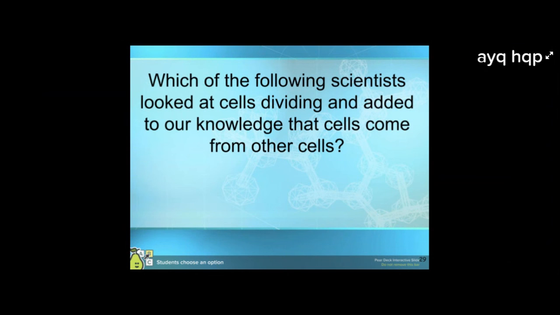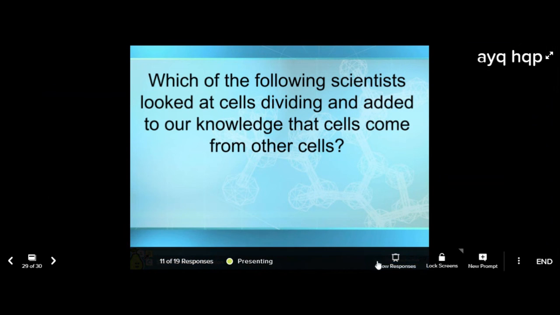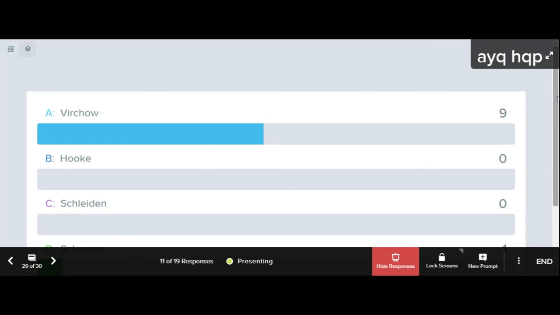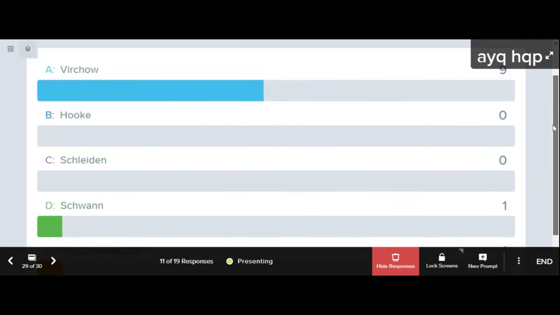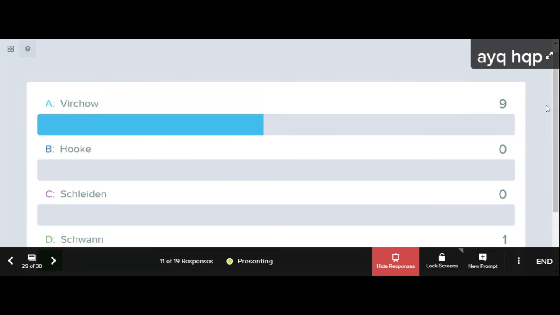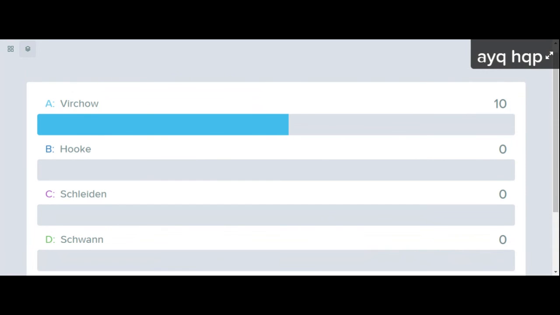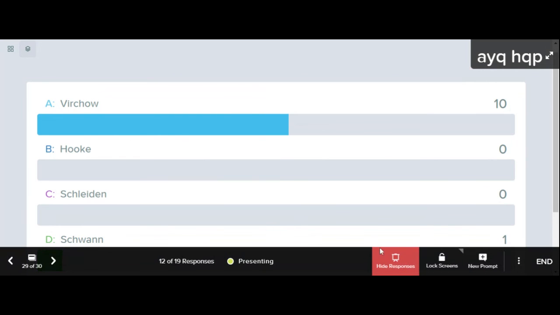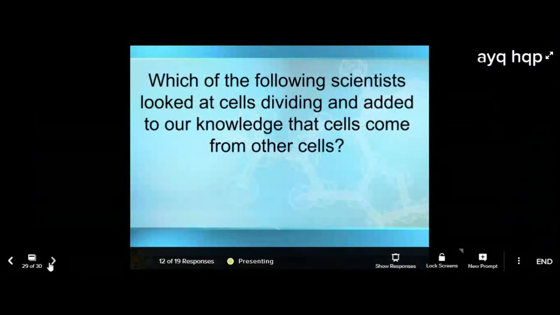All right, let's see the results of the question. Virchow, yes, that's him. Virchow is the guy. He's the one that looked at the onion root tip, the parts of the onion that really grows a lot, and saw that there's a lot of cell division there. And he said, so cells come from other cells. Yes. Virchow was the guy.